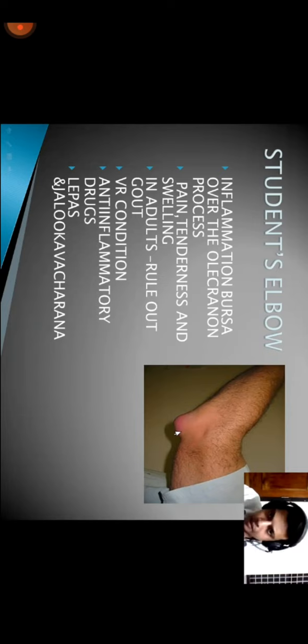Gouty tophi may accumulate in the olecranon bursa, and severe pain will be there. So, rule out a uric acid problem, that is gout, in the patient with student's elbow. This is also a Vatarakta condition.